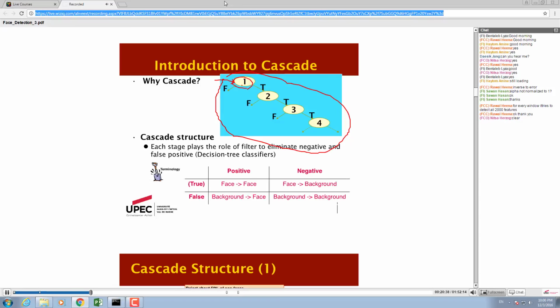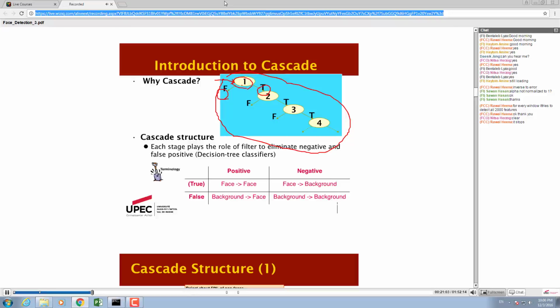What it means in this diagram is, when stage 1 classifies the input as false, then it is rejected. Oh, it's not a face. By the way, when stage 1 says true, oh, it looks like a face.